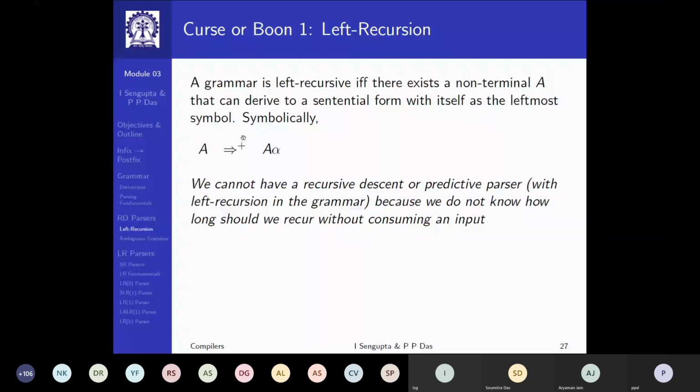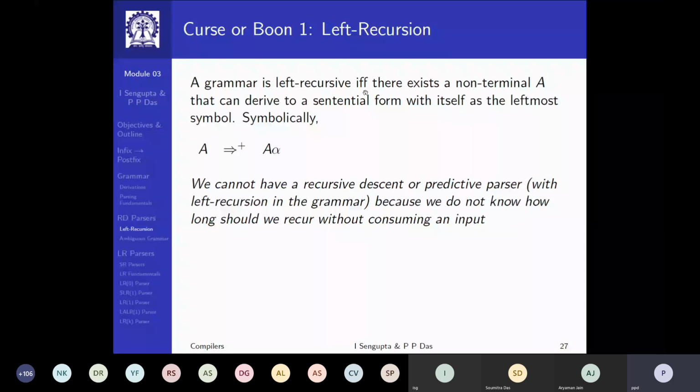Just see that the definition is written with a little bit of trick. It does not say that there is a non-terminal A which has a right-hand side starting with A, because that could be co-recursion.